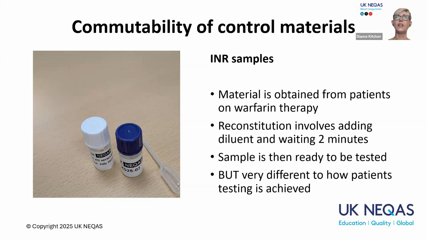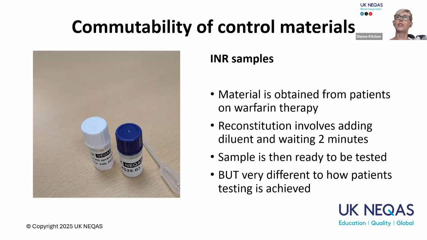One vial contains anticoagulated lyophilized plasma, so freeze-dried plasma obtained from patients on warfarin therapy. The other vial contains a pre-measured amount of diluent. We add it to the lyophilized plasma, swirl it gently, wait 2 minutes, and then we're ready to test. So up to that point, it's quite different for our end users to what they're getting with their finger stick.